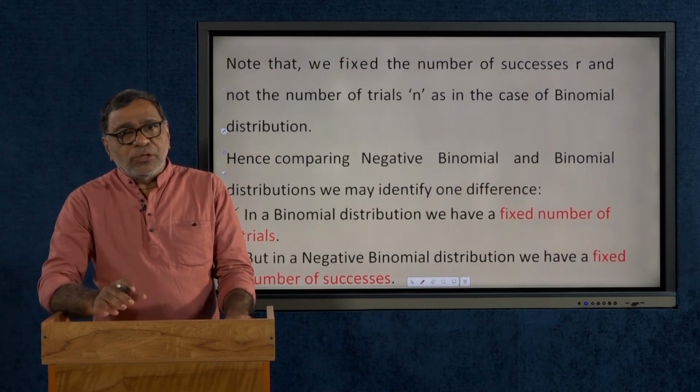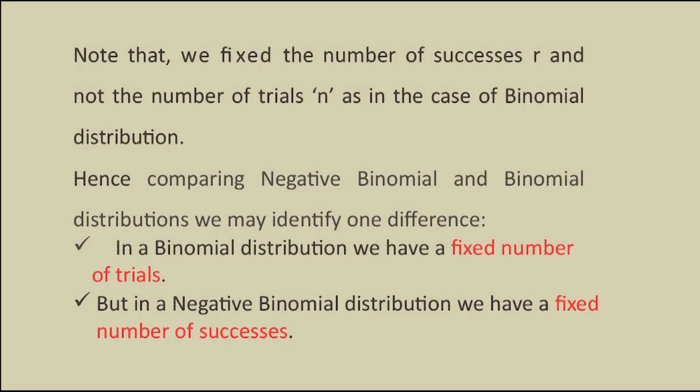Here, just look at the basic difference between the binomial distribution and the negative binomial distribution. In the case of the binomial distribution, we are performing n number of trials and counting the number of successes obtained out of n trials.